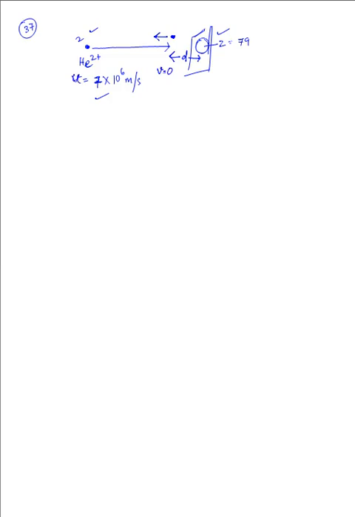So there will be a change in kinetic energy as it comes to rest. The change in kinetic energy is exactly equal to the kinetic energy that it had initially, because the final kinetic energy is obviously 0.